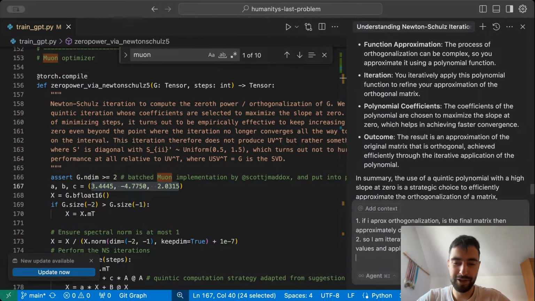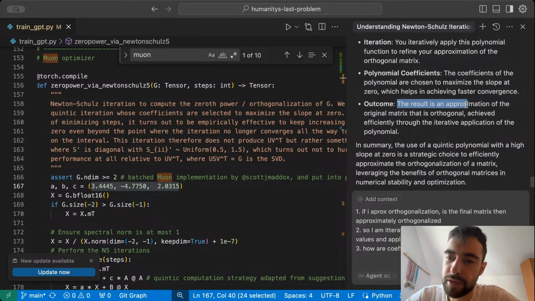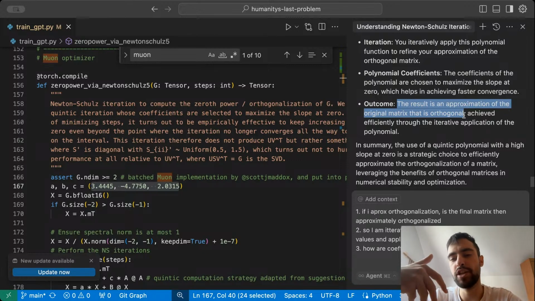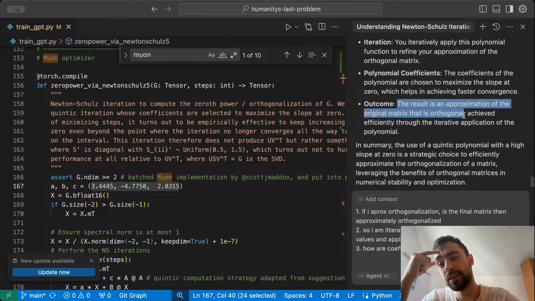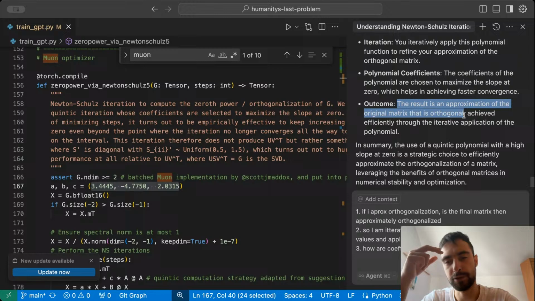Okay, how are coefficients chosen? Outcome: the result is an approximation of the original matrix that is, okay, I understand. The result is an approximation of the original, so it's similar to the original but orthogonal. So it tries to keep it as similar as possible but orthogonal as well.